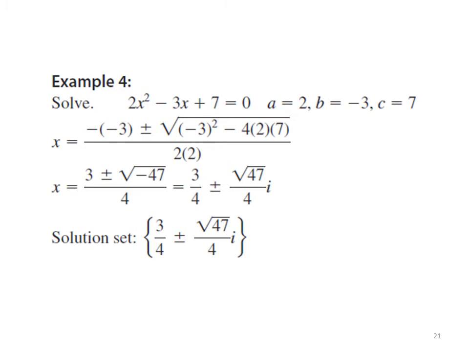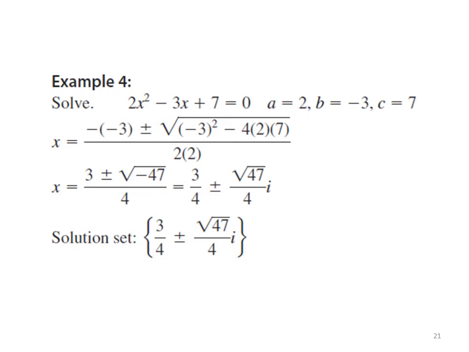Now, substituting in the quadratic formula, minus b is just 3, minus or plus the square root of b squared, which is minus 3 squared, minus 4 times 2 times 7, divided by 2a, which is 2 times 2. Now, if you simplify the discriminant, you will get minus 47.